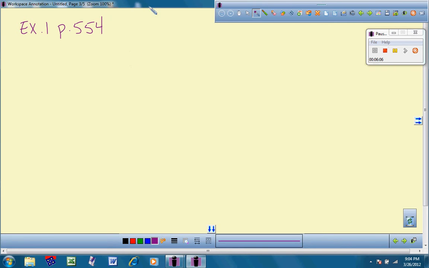Example 1 says that our expression is x squared minus 4x minus 12. We are going to divide that by x squared minus 4. What we want to do is simplify this expression, so it looks like we are going to have to factor the numerator and the denominator.